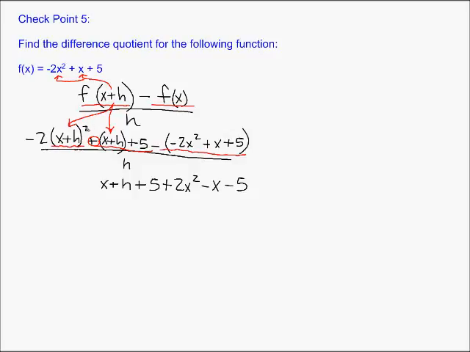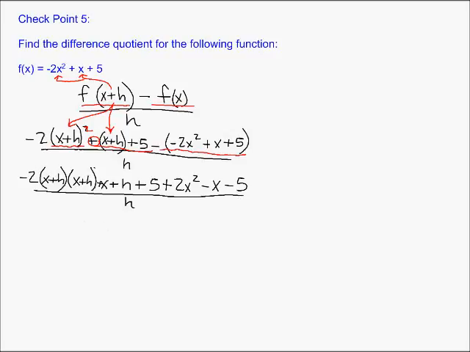I'm going to get rid of my exponent of 2, and to do that I'm going to expand this out. I'll have (x + h) times (x + h), which is what (x + h) squared looks like. And I have a negative 2 in front of it. And that is all over h.